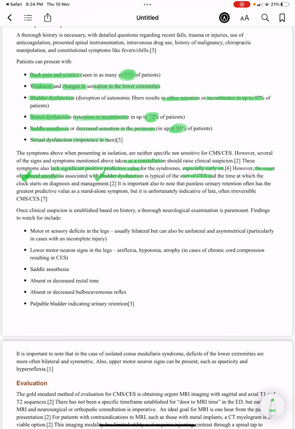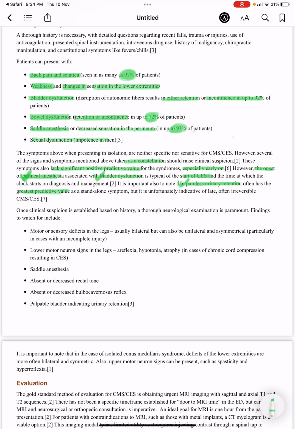It is also important to note that painless urinary retention, where the bladder will be distended, has the greatest predictive value. Urinary retention will be there, but it is painless.